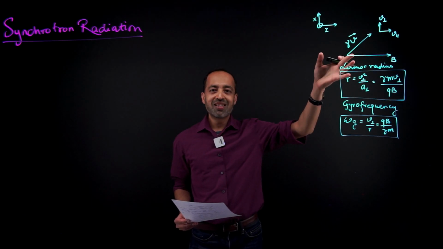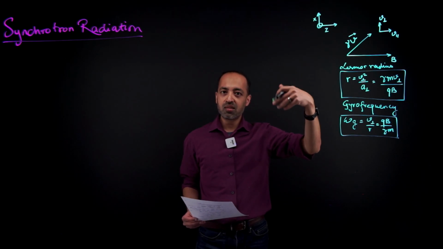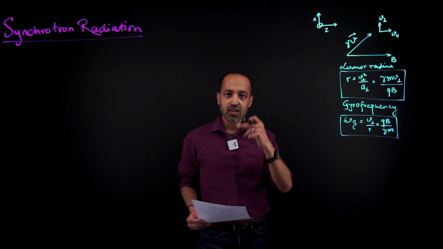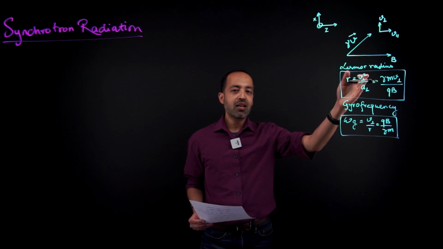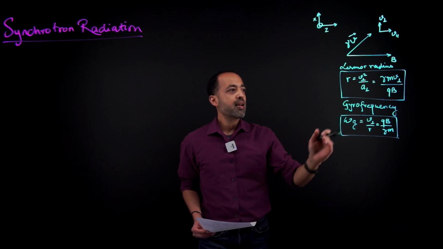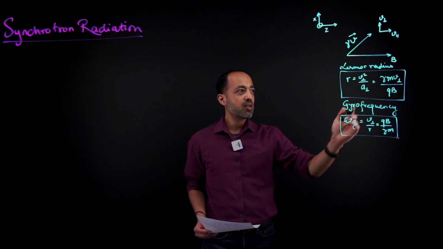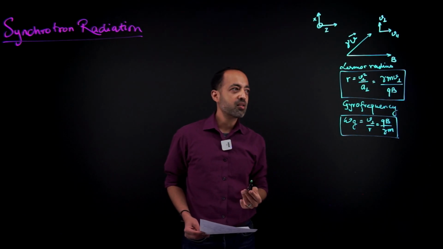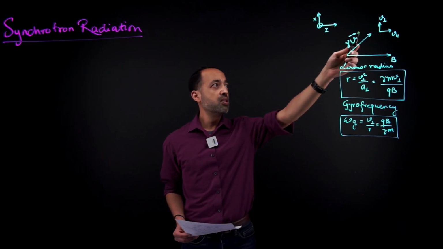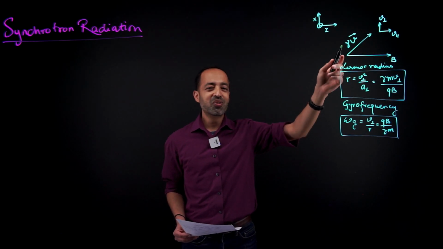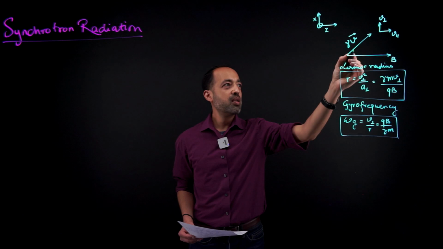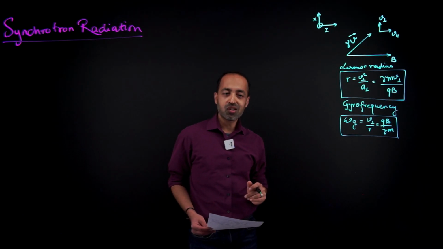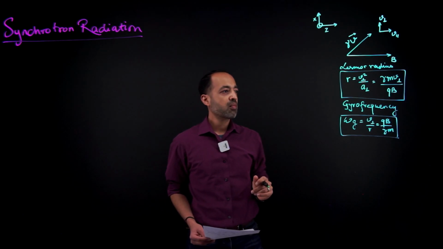So we derived in this particular case the fact that it makes these circles or these spirals around the magnetic field. We derived the radius of the circular motion. That radius is called the Larmor radius, and we derived an expression for that Larmor radius in terms of the Lorentz factor of the particle, the mass of the particle, the perpendicular speed, which is just the component of the velocity vector that is perpendicular to the magnetic field, in terms of the charge on the particle and the magnetic field itself.